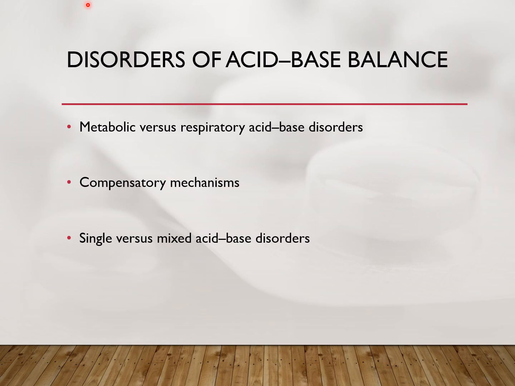For example, if we develop a primary metabolic acidosis because we've created too much acid within the body, maybe in the case of too many ketones, like the ketoacidosis that we see in DKA, the compensatory mechanism is usually related to ventilation. So if someone has a metabolic acidosis, they compensate by breathing faster and deeper to remove CO2 from the system.